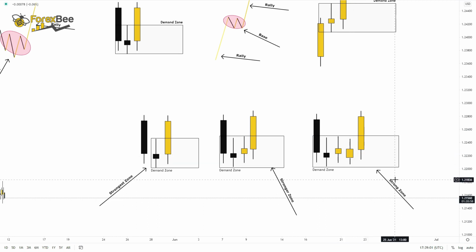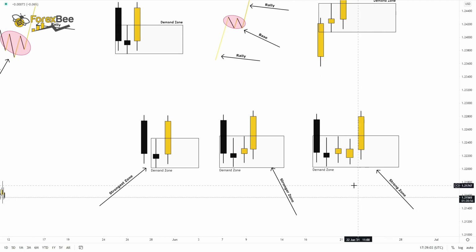This is good, but not the strongest one. You can tell whether a zone is strong or not by looking at the number of base candles in between the two big candles, and keep in mind that this is inversely proportional. The more base candles in between two big candles, the less strong the zone is.